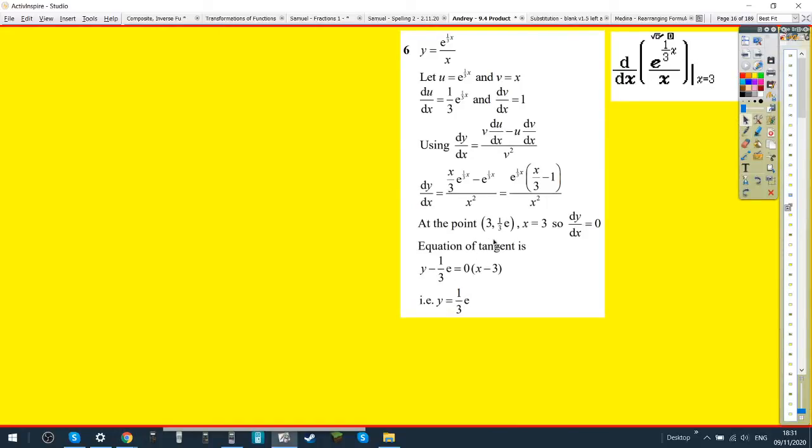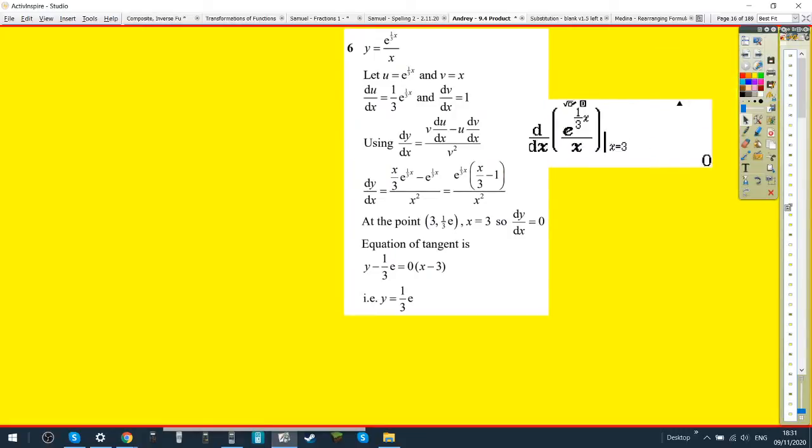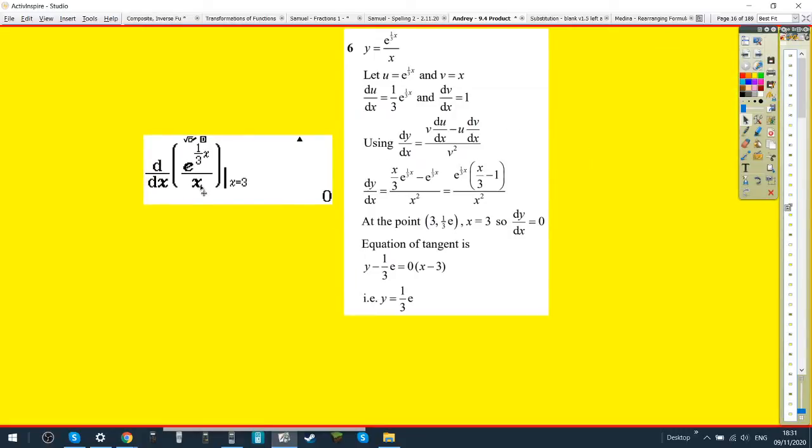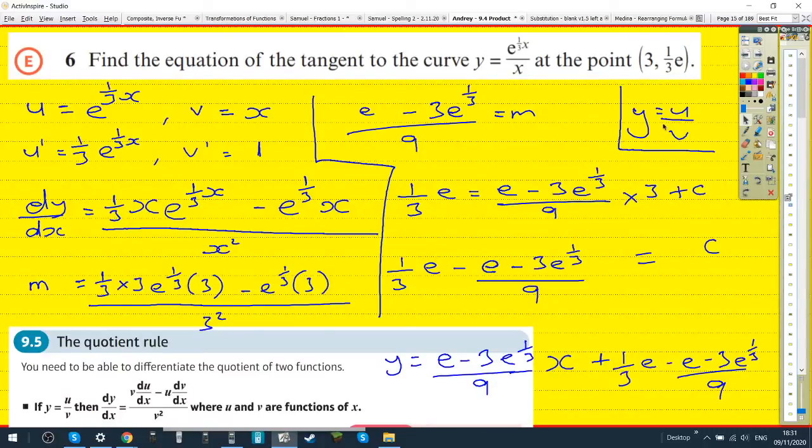So was it 0? 1/3 e. Huh. It was 0. The gradient was 0.